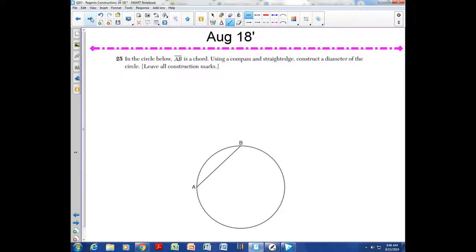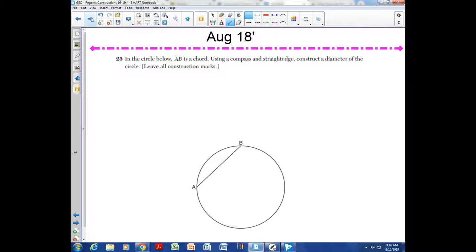August 2018, number 25. In the circle below, AB is a chord. Using a compass and straight edge, construct the diameter of the circle. Leave all construction marks. Well, here we must remember that any chord in a circle that is perpendicularly bisected will either be a radius or twice the radius, which is the diameter.